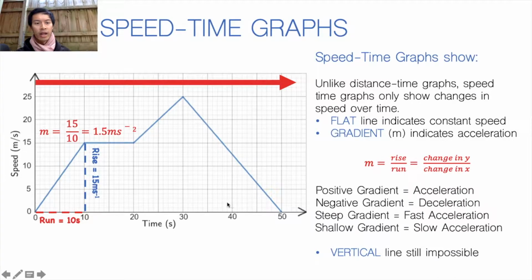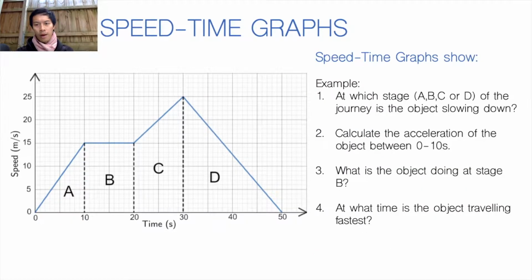A steep gradient will show a fast increase, so this one here will show a fast increase, and a shallow gradient, this one here, will show a slow increase. Either way, it's still moving further away from the original location. Okay. And a vertical line here is still impossible because it's showing an instantaneous change of speed over 0 time, which cannot happen. Okay. All right.